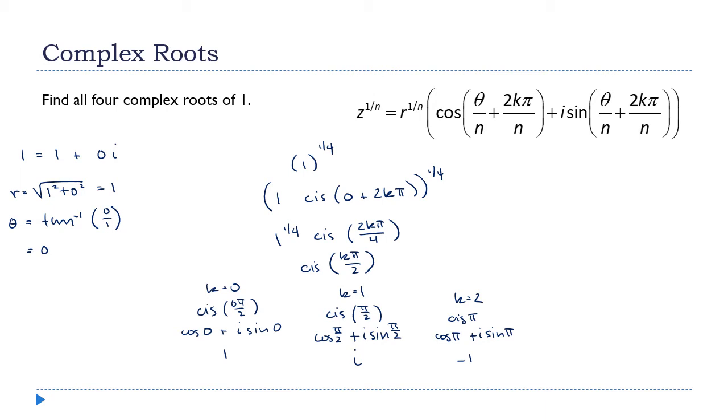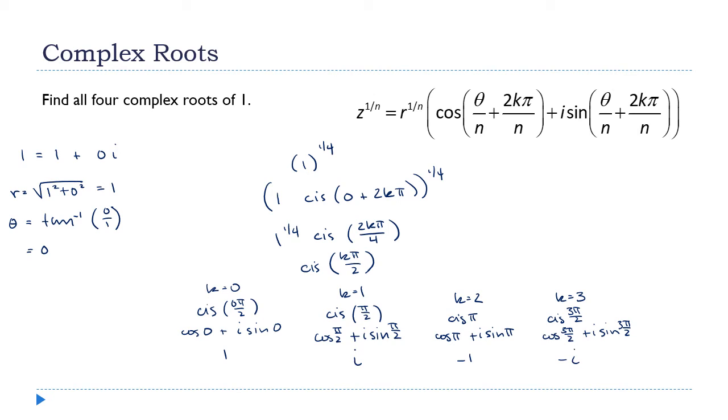When k equals 3, we get cis of 3 pi over 2. So that's cosine 3 pi over 2 plus i sine 3 pi over 2. Cosine 3 pi over 2 is 0. Sine of 3 pi over 2 is -1. So that's negative i.